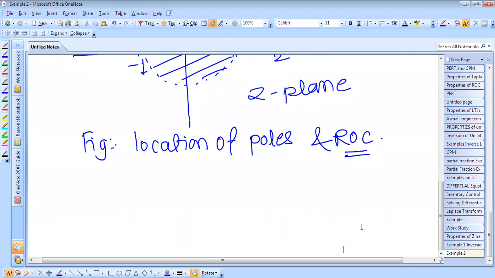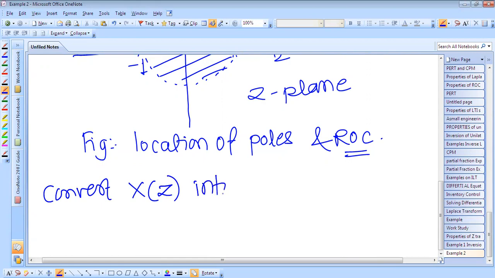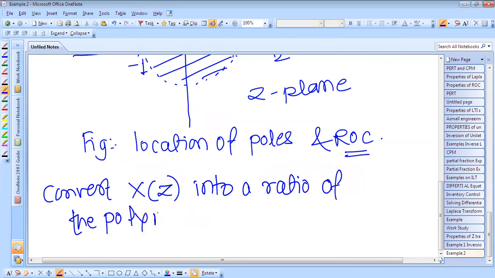Okay, now we have to convert X(z) into a ratio of polynomials in z raised to power -1.